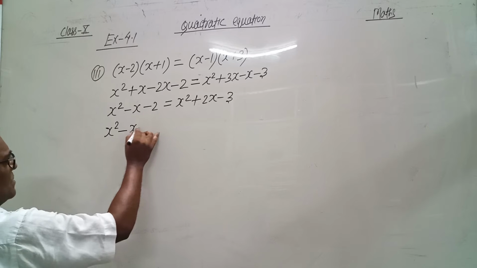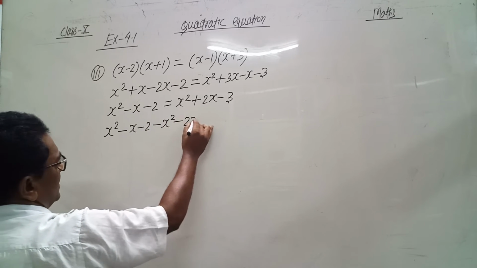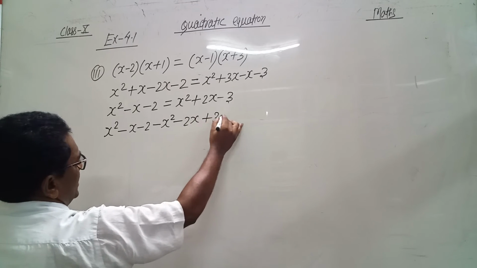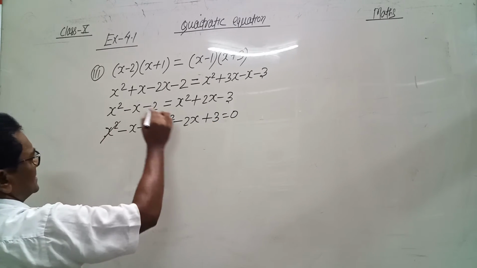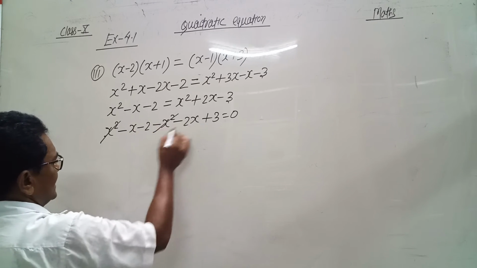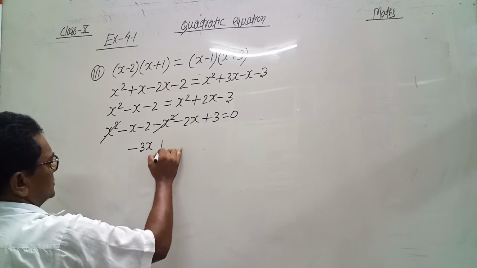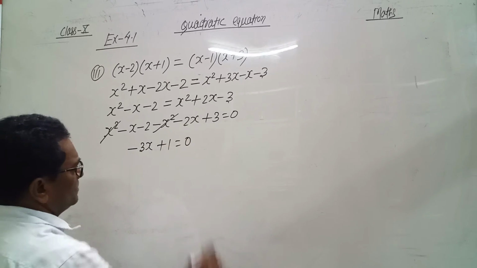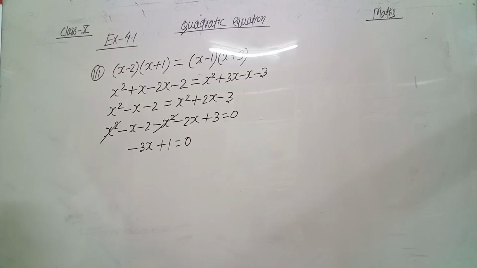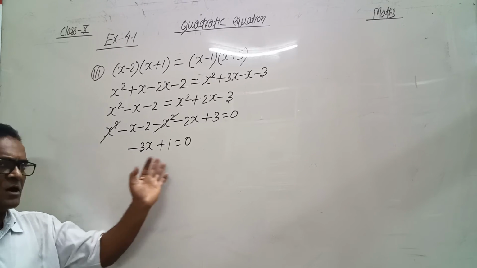So x square minus x minus 2, minus x square, minus 2x plus 3 equals to 0. X square gets cancelled and we get minus x minus 2x minus 3x and 3 minus 2 plus 1 equals to 0. So this is not a quadratic equation because the term containing x square is not available.